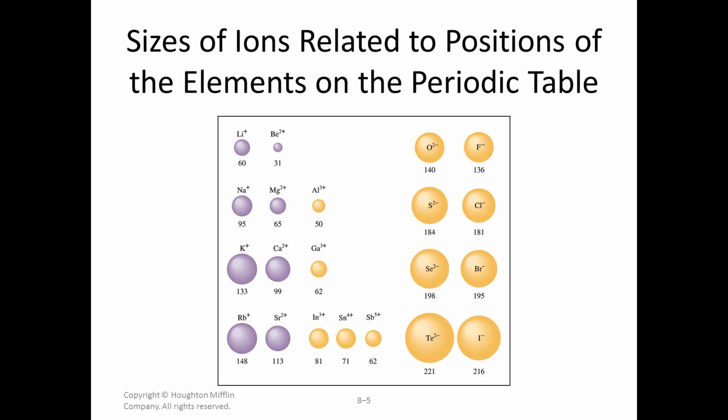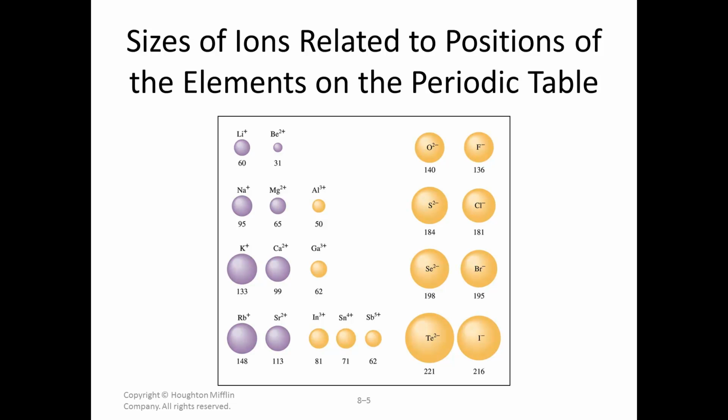Anions form by adding electrons, and so are larger than their parent atom. If we look at size of atom in relation to position on the periodic table, we'll see that as we go down a group, the ionic size increases.